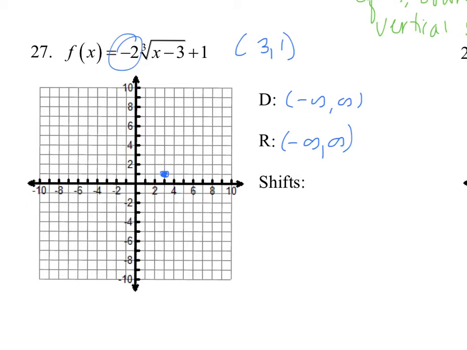Okay, if you remember for cube root functions, we always go right and left 1, 7. The a value tells us how much to go up or down between each set of points. So we're going to go up 2 to the left 1 and down 2 to the right 1. Sorry, I went 1 too many. And then we're also going to go down 2 to the right 7 and up 2 to the left 7.